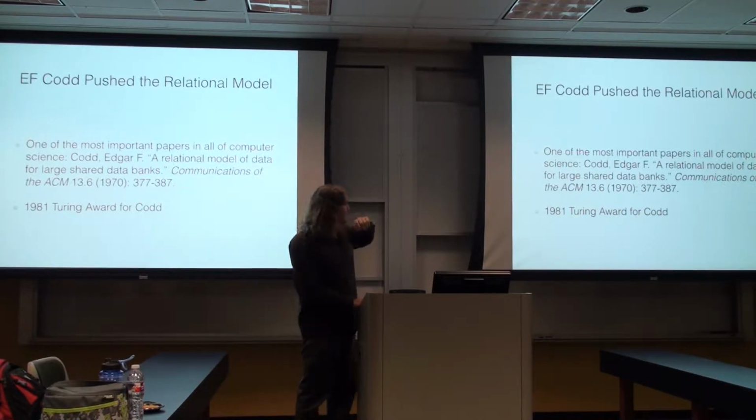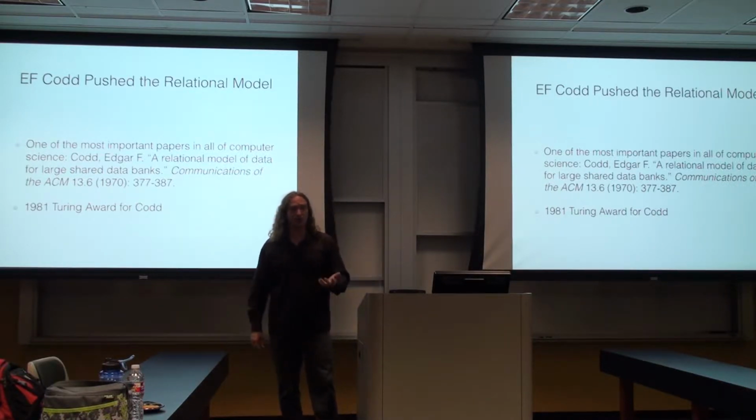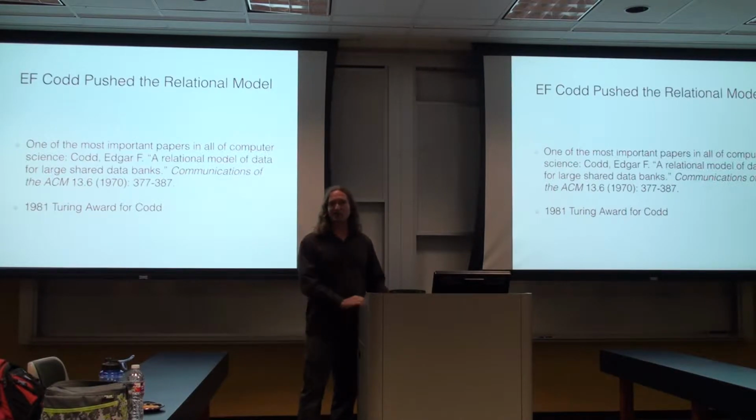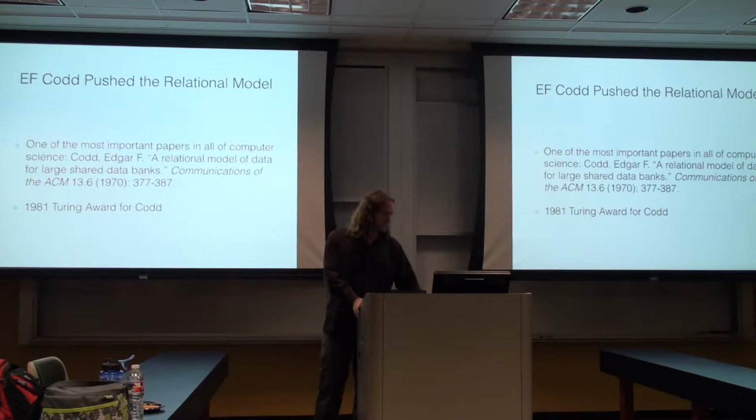And he subsequently published it widely in Communications of the ACM in 1970. Okay? It's actually interesting, he won the Turing Award for this work 11 years later. And it seems in this day and age unthinkable someone could win the Turing Award in 11 years. And I sort of think that is indicative of how large the field has gotten, right? How things are much different now than they used to be.